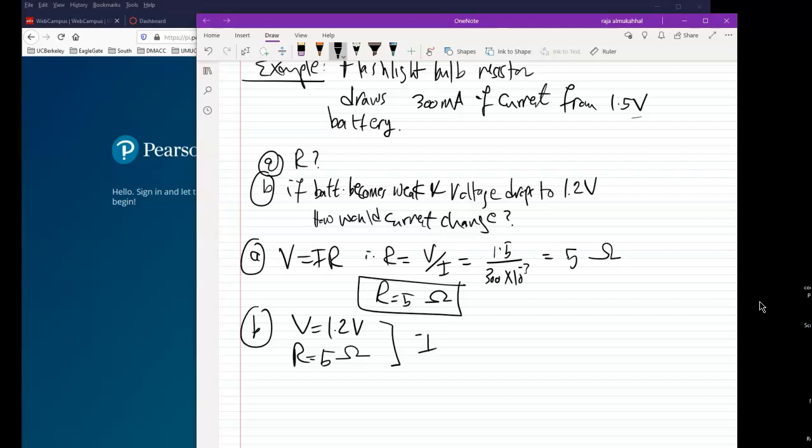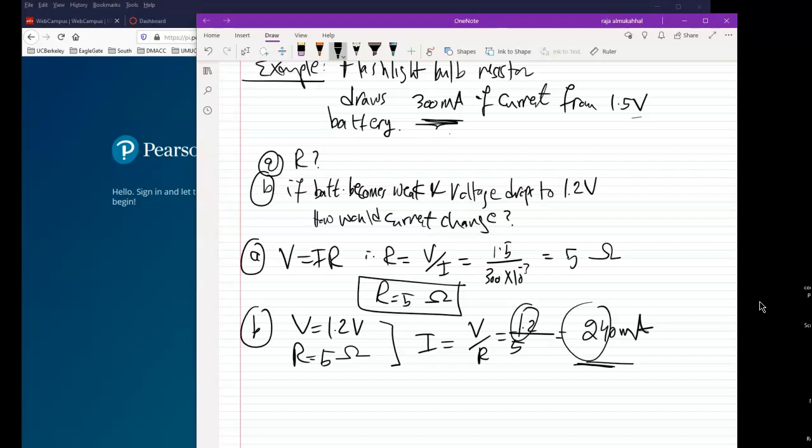So the current would be voltage over resistance, 1.2 volt divided by 5 ohms, which is equal to 240 milliamp. As you can see, as the voltage drops, the current also drops from 300 to 240. Got it? Okay.